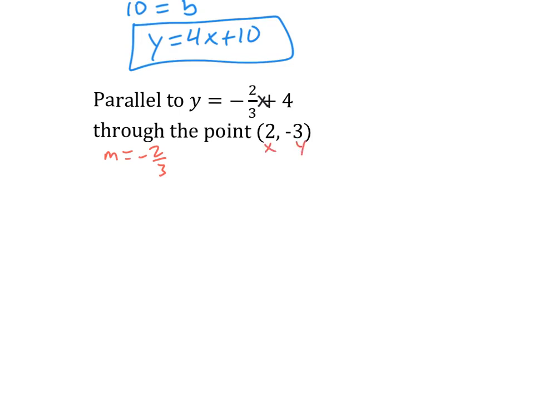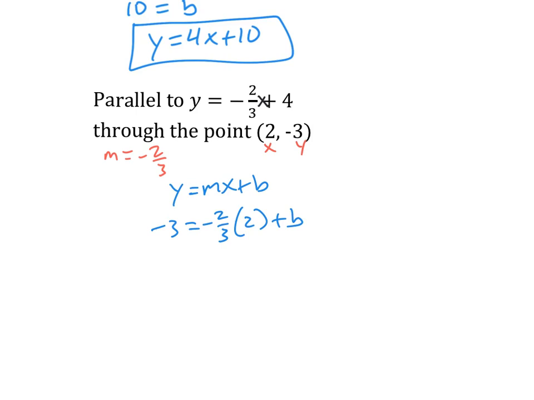So if we have the equation y equals mx plus b, then we are going to plug these numbers in. So we'll take negative 3 equals negative 2/3 times 2 plus b.